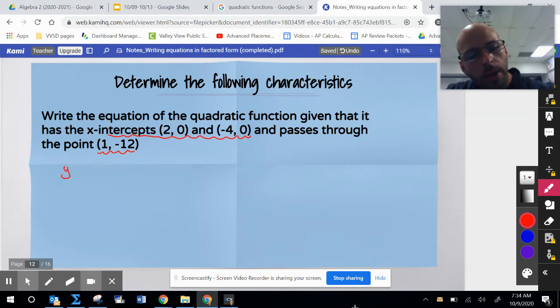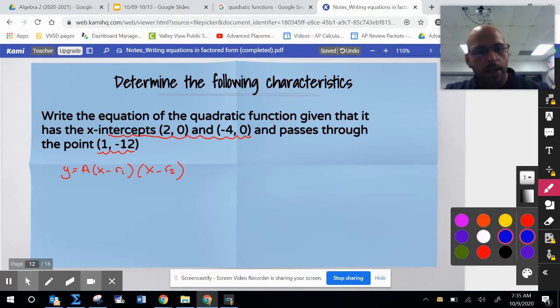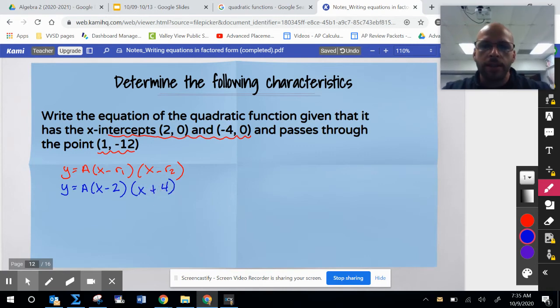So if I start with my equation, x minus r1, x minus r2, I'm going to start by plugging in the x-intercepts, okay? So I would have y equals a times x minus my first x-intercept, which was at 2, and then my other x-intercept is at -4, so I'm going to say plus 4 in parentheses. But then they give me the point 1 comma -12. Remember, that is my x and my y value.